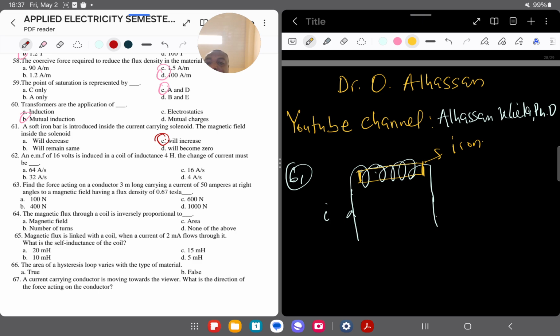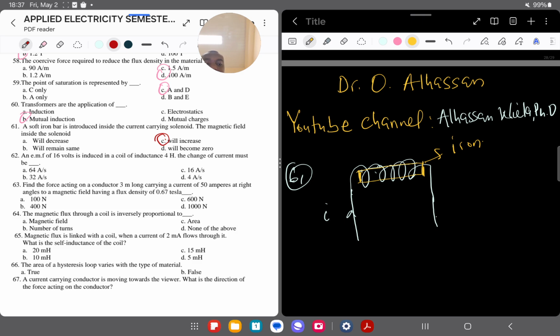Now we go to question 62. An EMF of 16 volts is induced in a coil of inductance 4 henries. The change of current must be.